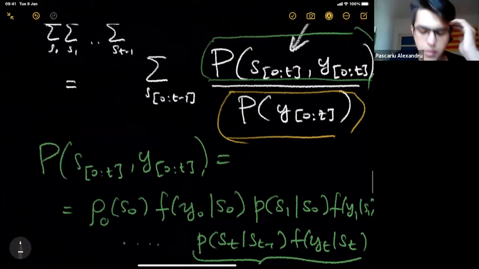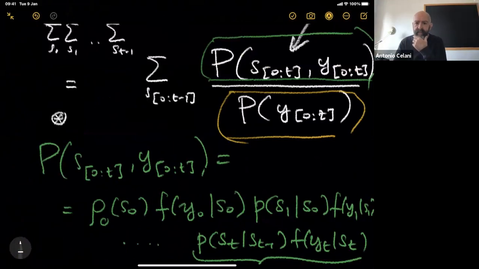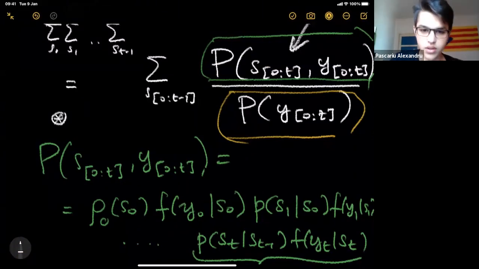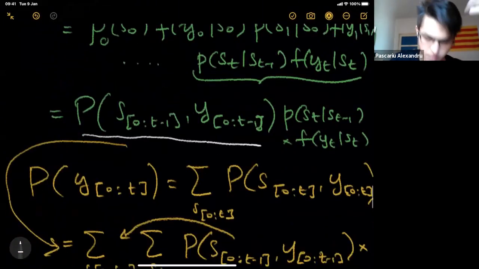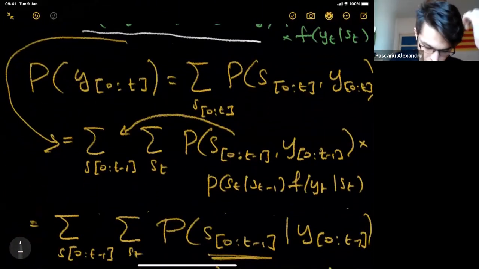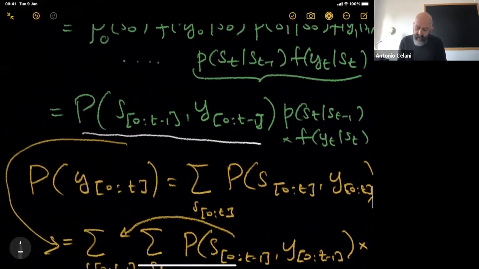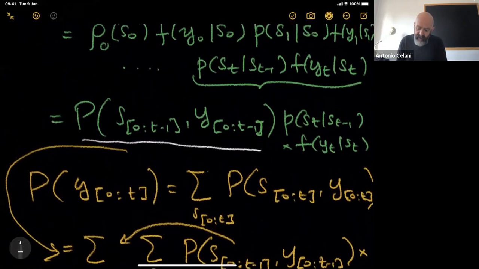Excuse me, can I make a question? Sure, please. In the orange passage that we made, from the first one to the second one, we wrote the same stuff, but we added a new probability of y from 0 to t minus 1. Yeah, because it's not the same thing.